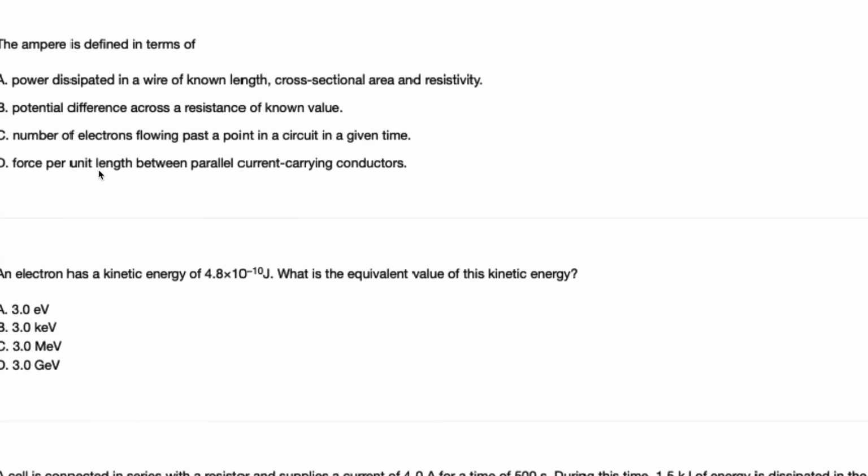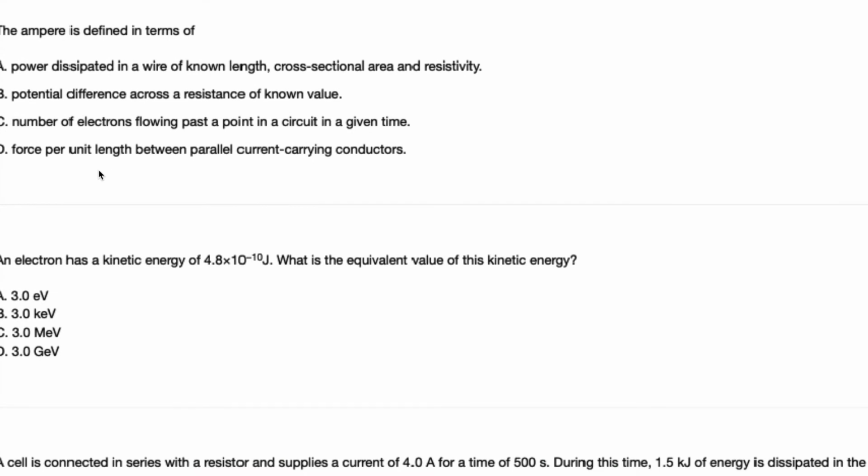Ampere is defined as what? Power dissipated in a wire of known length, cross-sectional area, resistivity, so this is wrong. So the correct answer is D. Ampere was firstly defined as a constant force between two parallel current-carrying wires of infinite length that are separated by a distance of 1 meter.